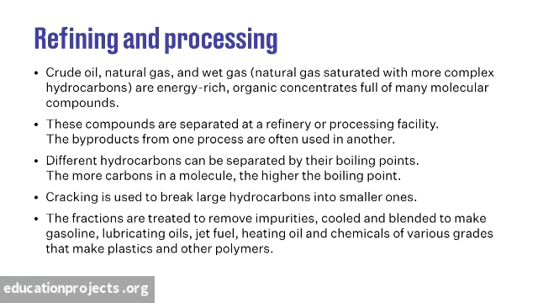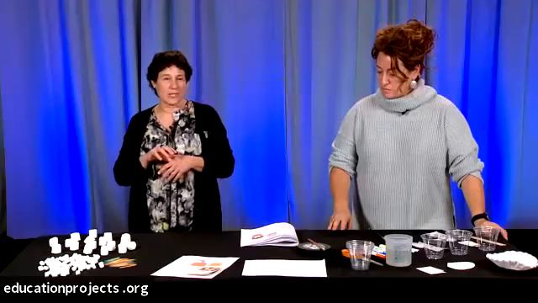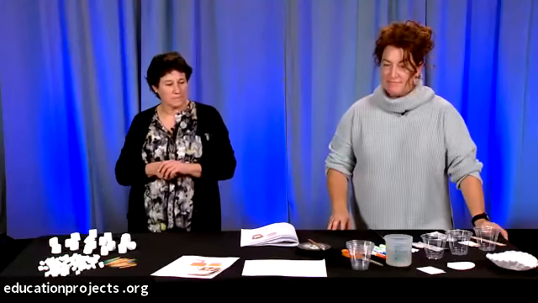So we have lots of downstream industries, where we're taking some of those products that come out of the refinery and further processing them into things like different types of plastics. Think packaging. How many different packages do you open each day and how many different types of plastics are those packages made out of? It might be an interesting thing to have students think about all of those different products.